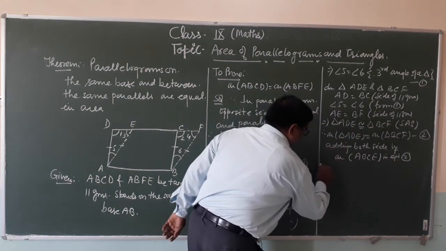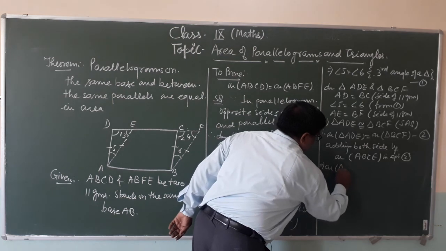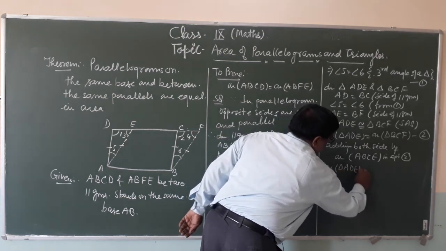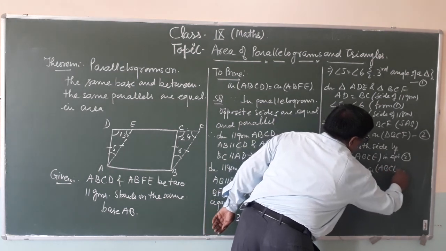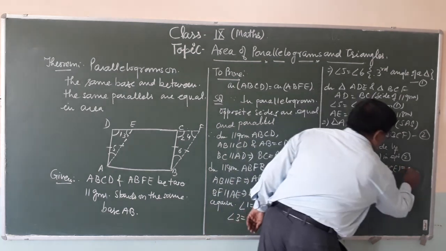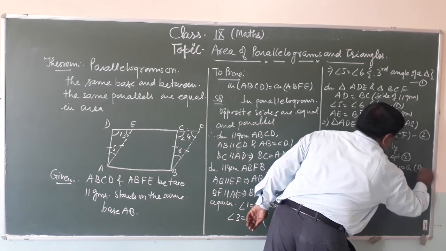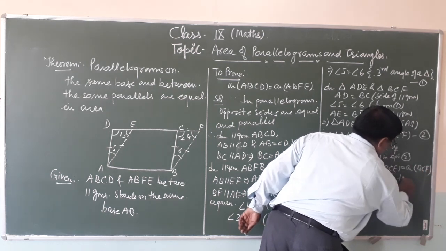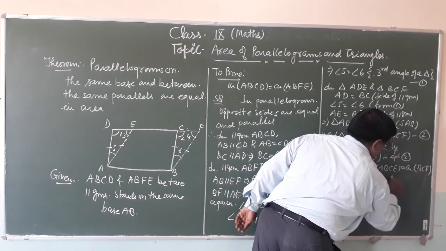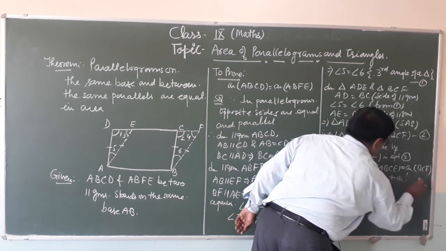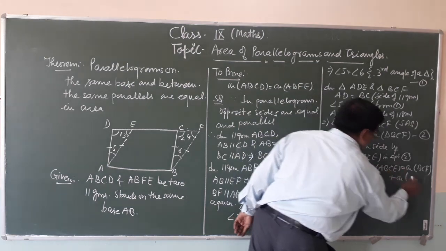Now this implies that area of triangle ADE plus area of the region ABCE is equal to area of BCF plus area of region ABCE.